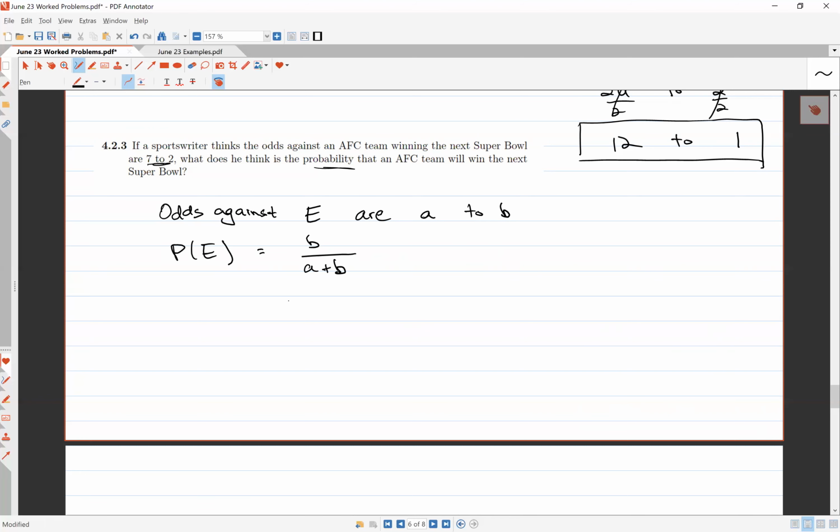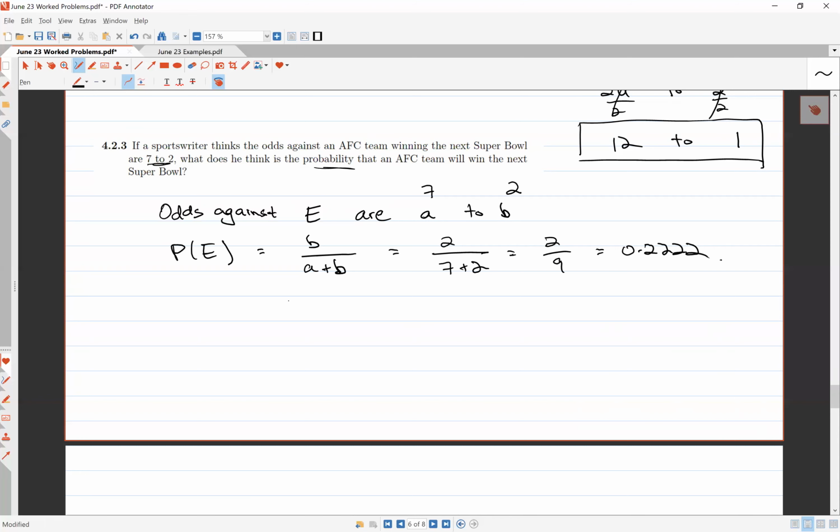In this case, the event E is that AFC wins. Our A in this instance is 7, and the B is 2, and so this will be 2 over 7 plus 2, or 2 over 9, which of course you can express as a decimal rounded to 4 places, 0.2222.